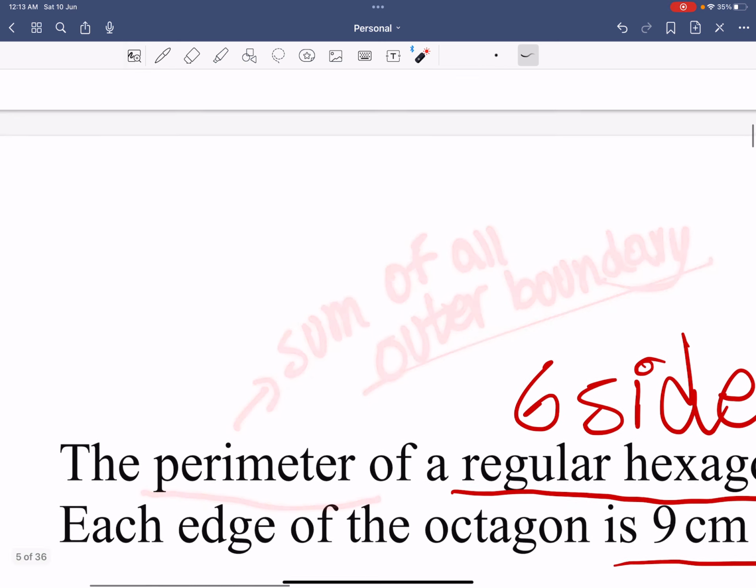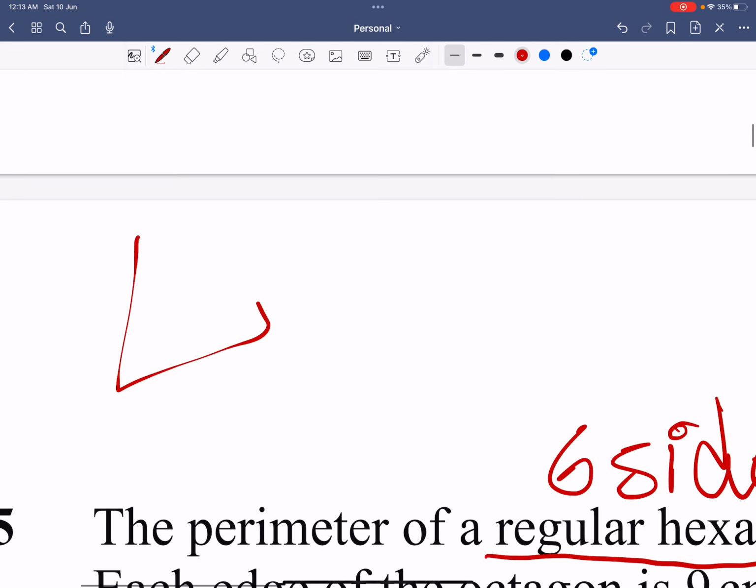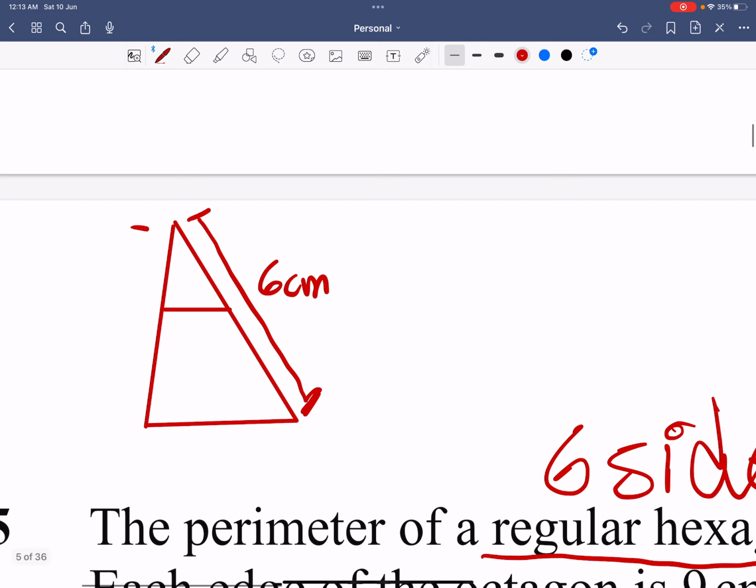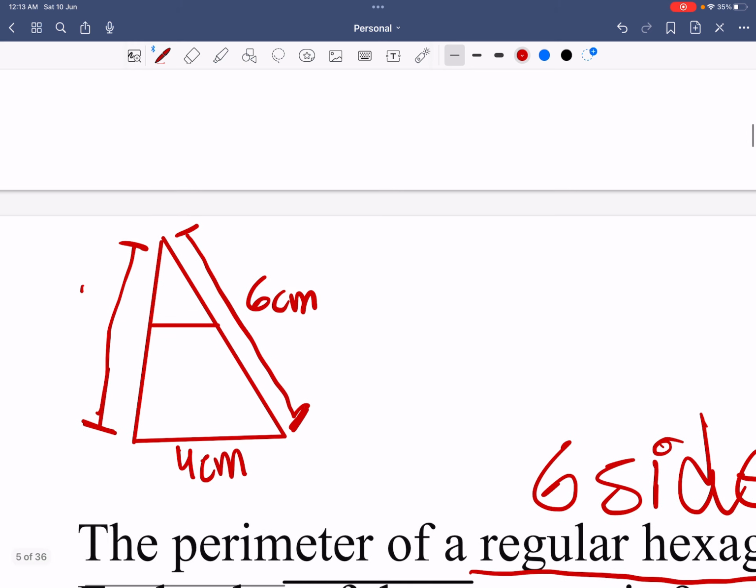Because if you have a figure like this, and you're given lengths, let's suppose this is 6 centimeters, this also 6 centimeters, and let's suppose this as 4 centimeters.